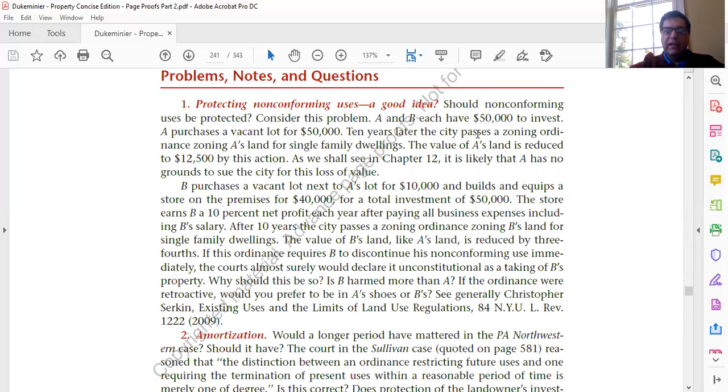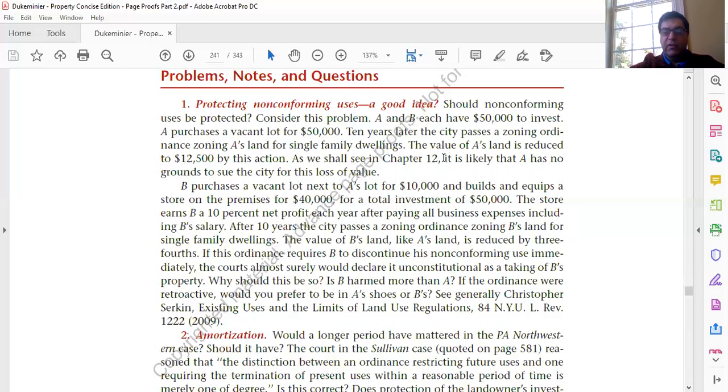And then later, the city passes a zoning ordinance that has the effect of reducing the land's value by 3/4. So it was worth $50,000 before, it's worth $12,500 after the zoning ordinance. The author suggests that this is not likely to be deemed a taking, not likely to be a constitutional problem.